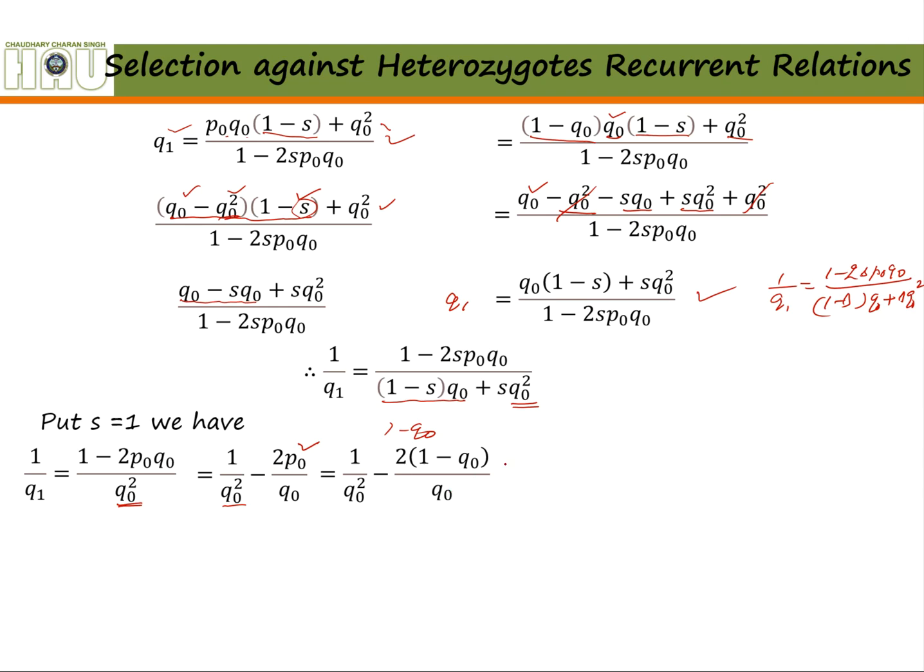And if I further simplify it, I will get 1 by Q0 square minus twice 1 minus Q0 divided by Q0.